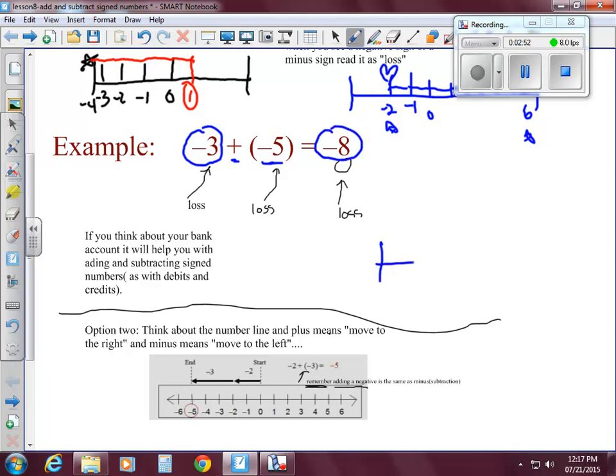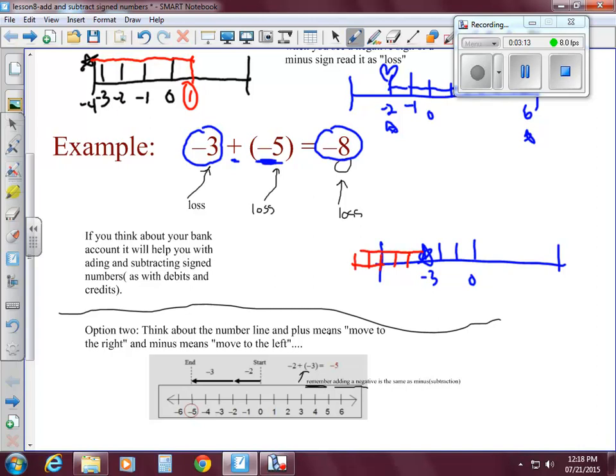And again, if you need to visualize that, just picture yourself standing at -3 on the number line, and then when you add a loss of 5, that really means -5, so you're going to go to the left 5, and I'll just map that out. 1, 2, 3, 4, 5.